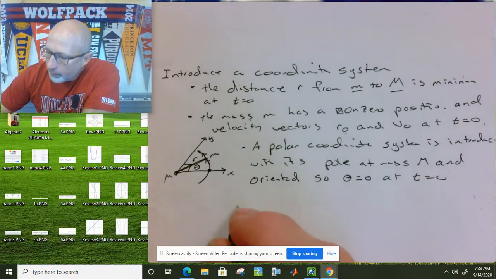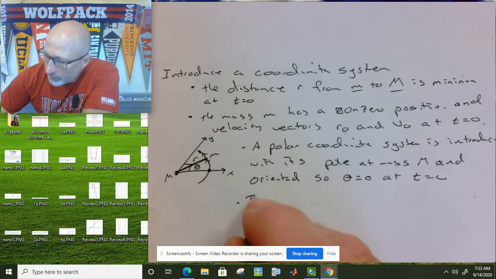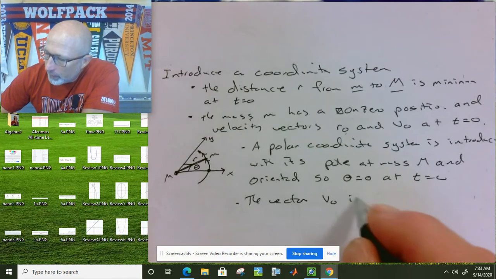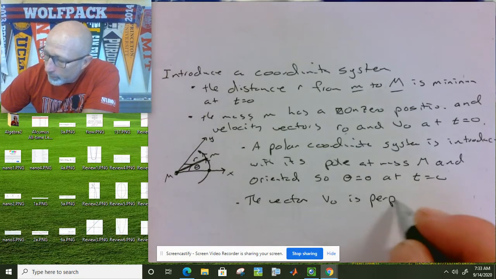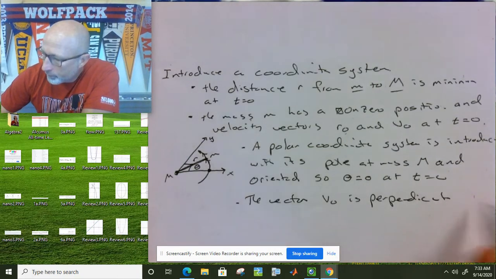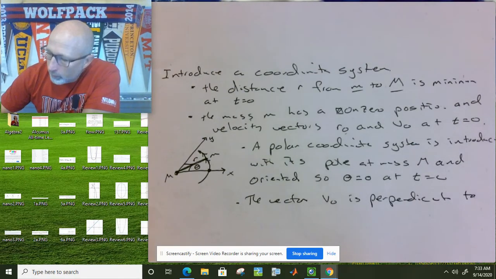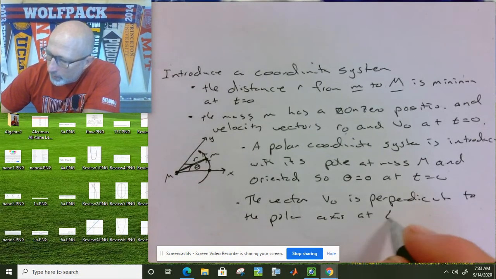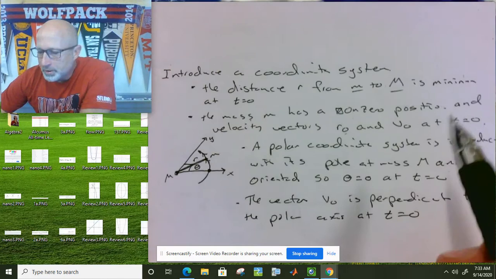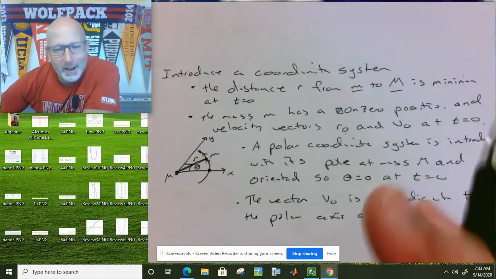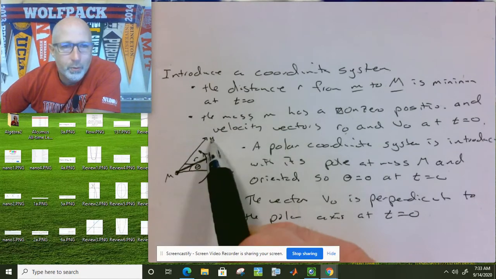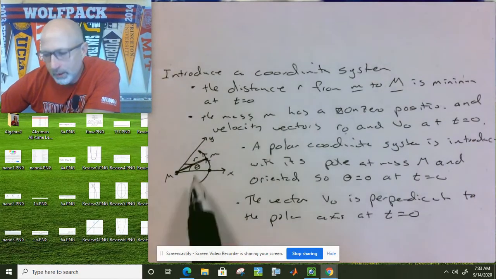And then the last portion is the vector v naught is perpendicular to the polar axis at t is equal to 0. Now, I should actually go back and restate this. We're going to have two different coordinate systems on top of each other. This is x and y, but we're actually in the polar system, so there's no such thing as x and y.